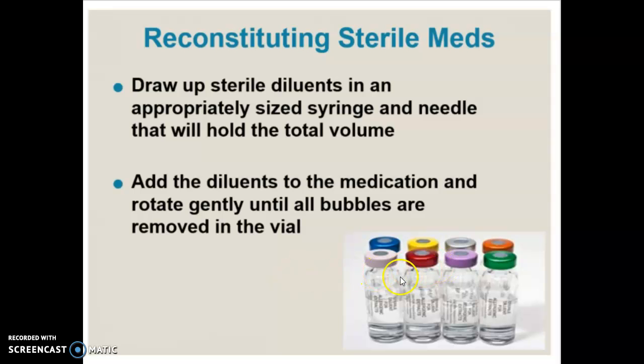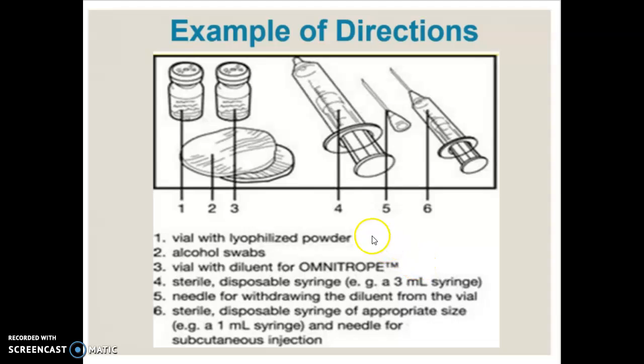But you're going to have the little vials, okay, and you're going to use an appropriate size syringe and needle that's going to hold the total volume. And you're going to add the diluent, the fluid, into the medication and gently roll that vial until all the bubbles are gone.